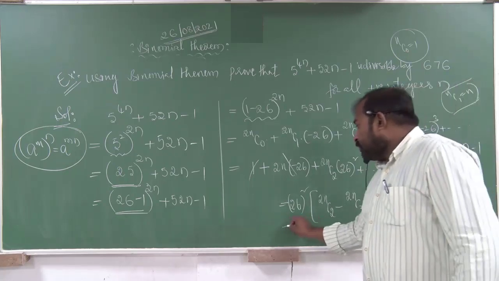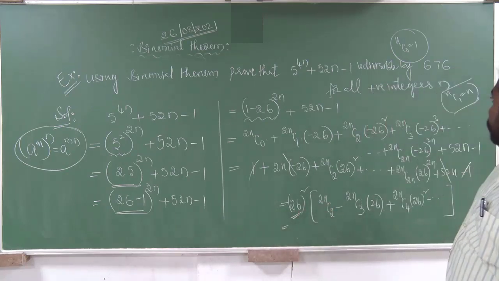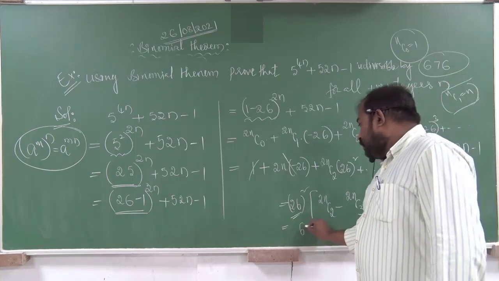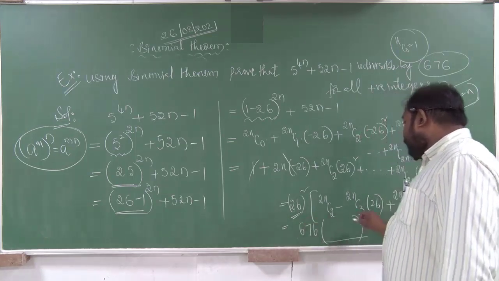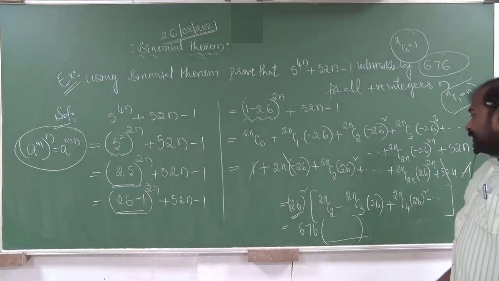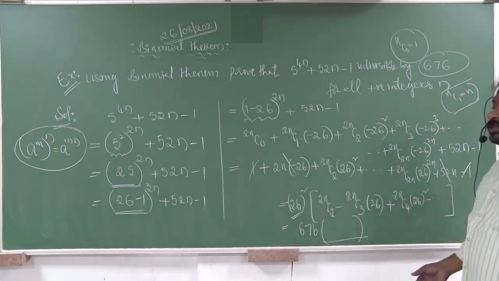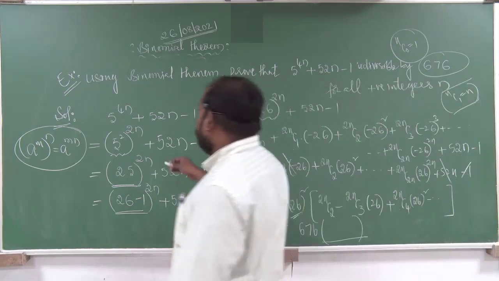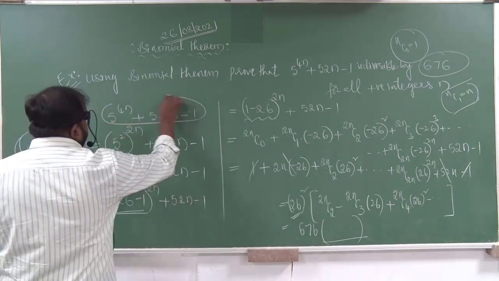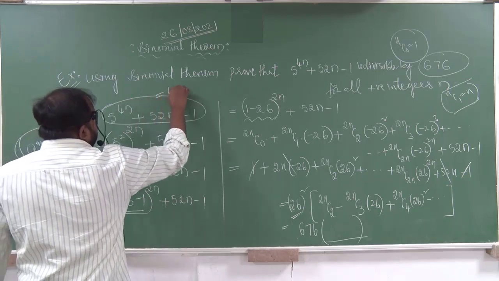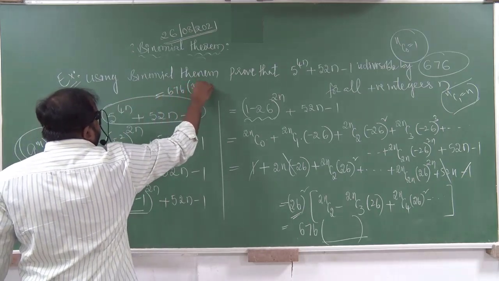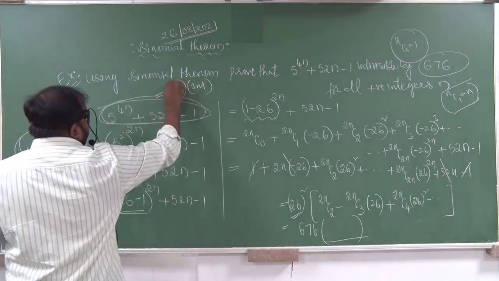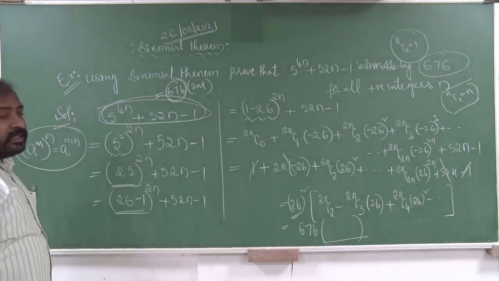So 26 square is nothing but 676. So 676 into some integral value. What can I conclude? Therefore, the whole given value can be written as 676 into some integral value. What is the meaning? The whole value is divisible by 676.